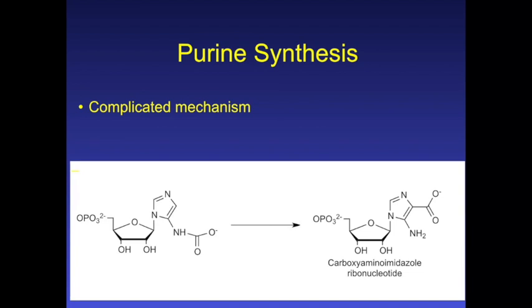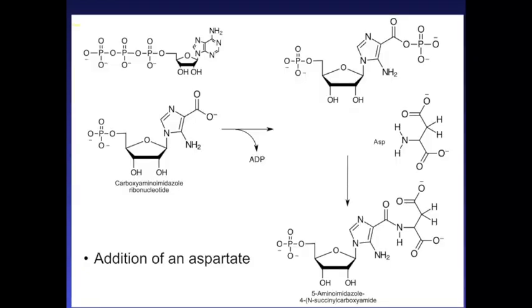It shifts from this nitrogen. It even bypasses this carbon and goes way up there. There are cofactors, there are multiple steps, and so this is not something that I would ask you to know in terms of the mechanistic steps. But this one I would.